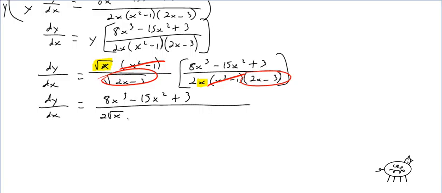You guys agree with that? That takes care of that part. The x squared minus 1's cancel, and I have 2x minus 3 and the square root of 2x minus 3, so I have 2x minus 3 to the 3 halves power. Okay, and that is my answer.